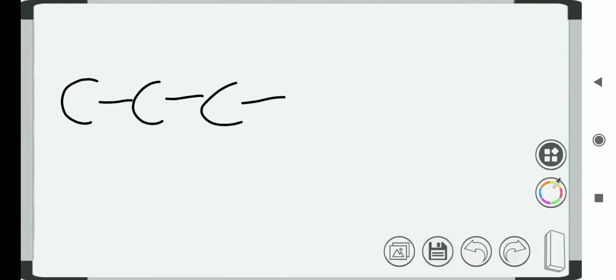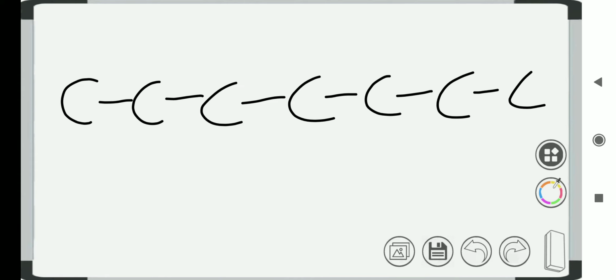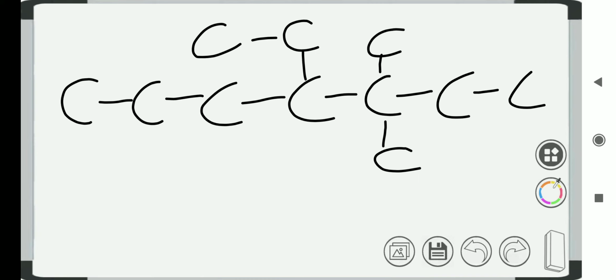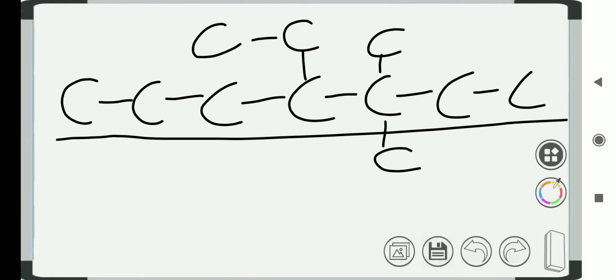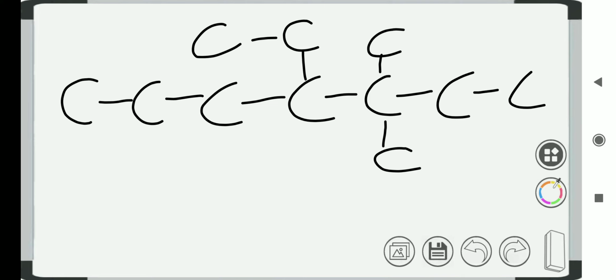Now we'll see another example. Take the carbon chain with 7 carbon atoms. Imagine we have 2 methyl substituents at the third position, followed by an ethyl group here. How do we initiate the numbering as per the rule? Longest chain first.